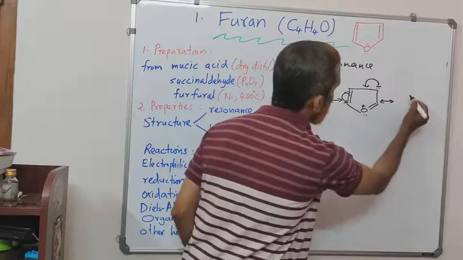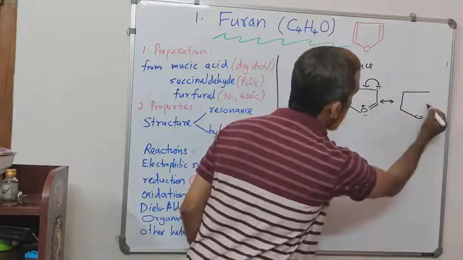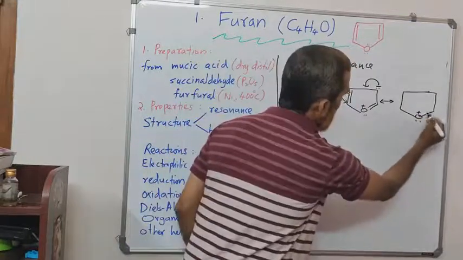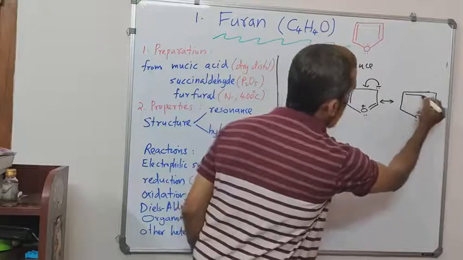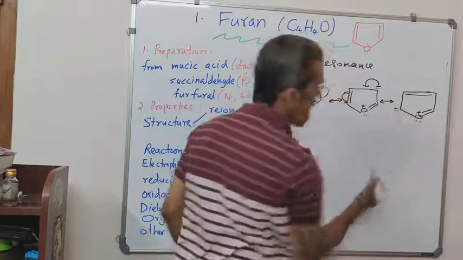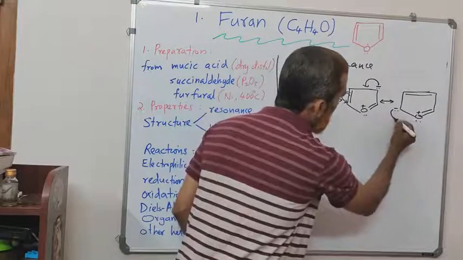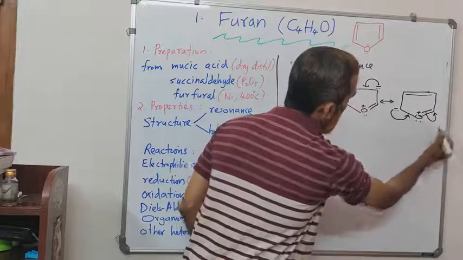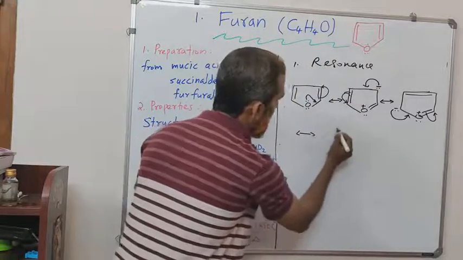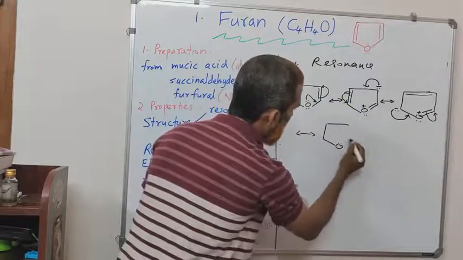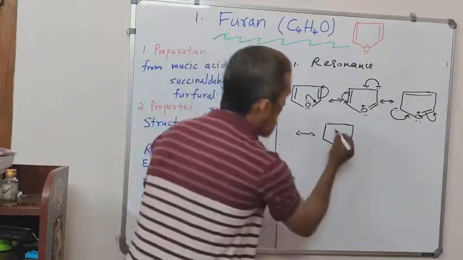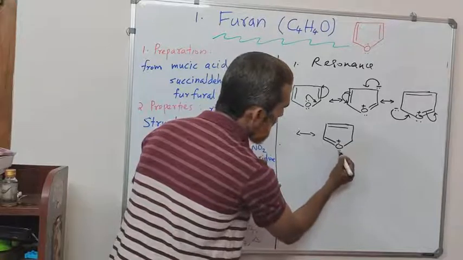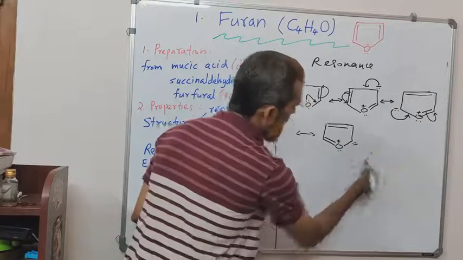The third structure. You get lone pair, positive charge, double bond here. Now double bond comes here, and negative charge is here. Next one, this shifts. The next structure will be double bond here, double bond comes here, positive charge is there, and now it is here.